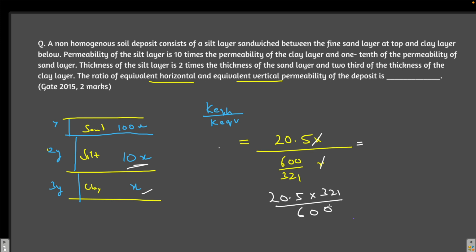So let's solve this using a calculator and let me tell you the answer. 20.5 into 321 by 600 will give you 10.9675. You can write it as 10.97 as well. So this is the required ratio.